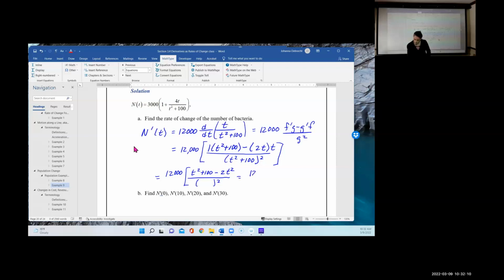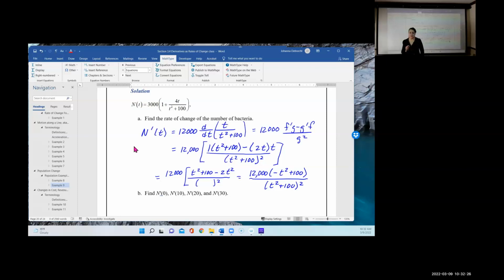So I've got 12,000 times negative t squared plus 100 all over t squared plus 100 quantity squared.